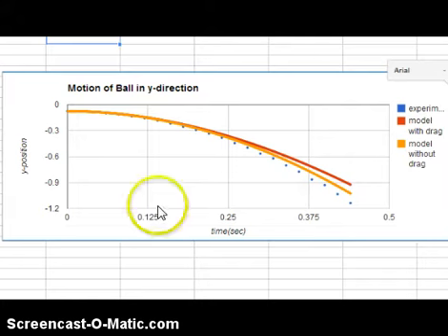My coefficient of friction is slightly off, and so that kind of skewed my values. Also, my frame rate, I had to deal with that, and that was a major pain for me. And I got it worked out for my other model, and I didn't do that for this one.